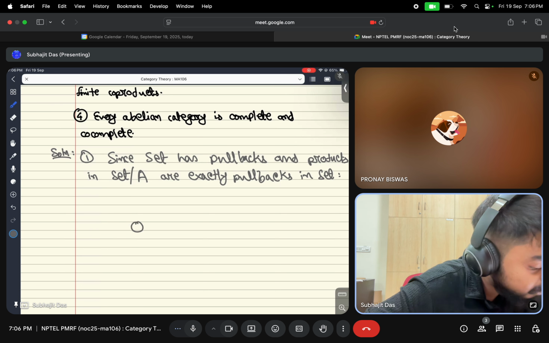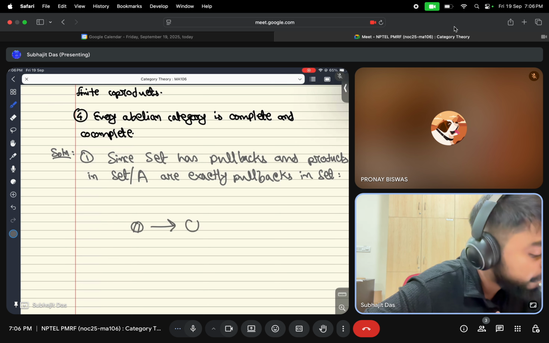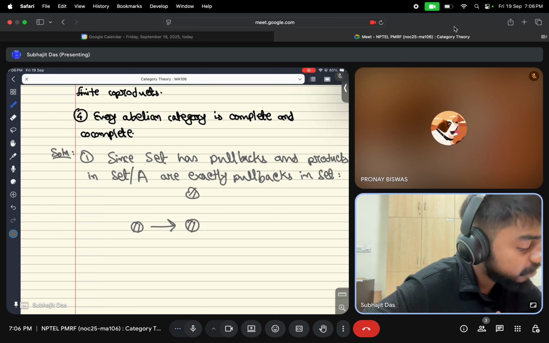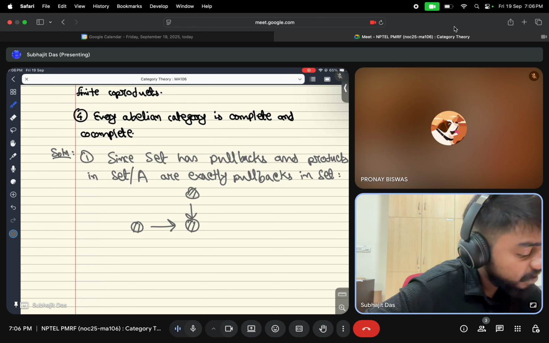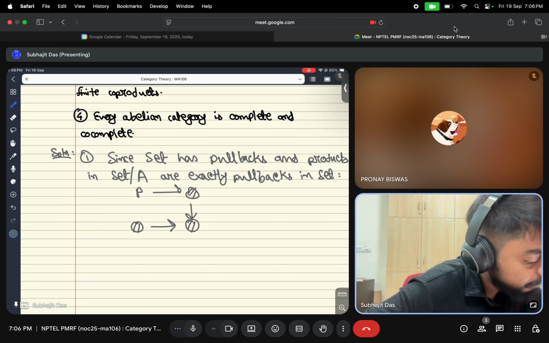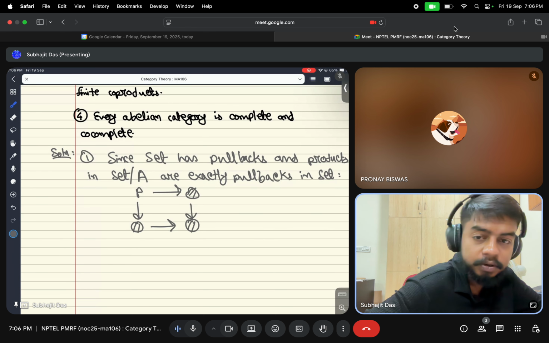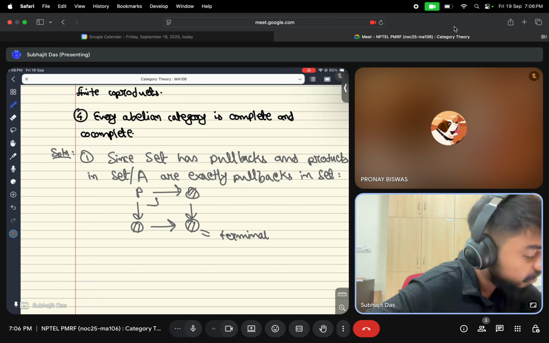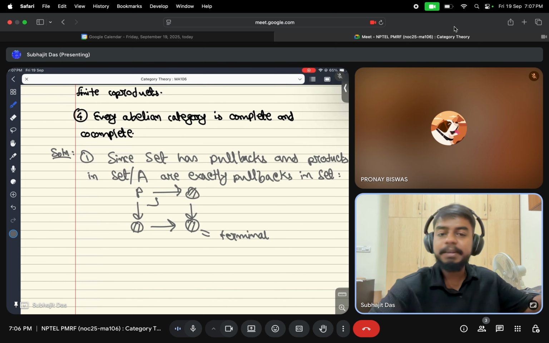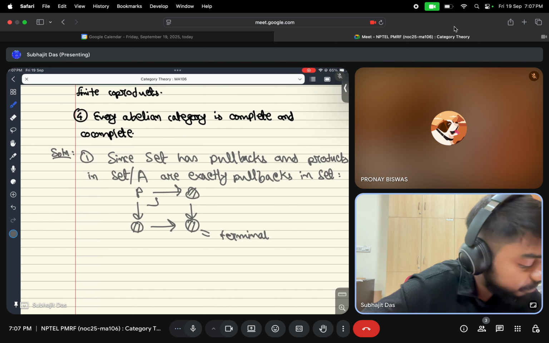The category set has pullbacks, and this is true in general: suppose you have a co-span diagram like this, and suppose the pullback of this diagram exists, let's say P, and suppose in addition this common object turns out to be terminal. Then this pullback P is exactly the product of these two objects.